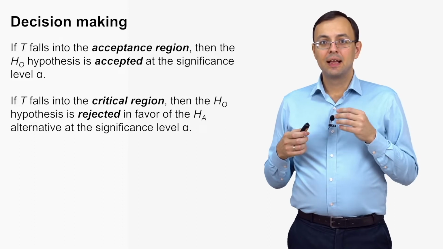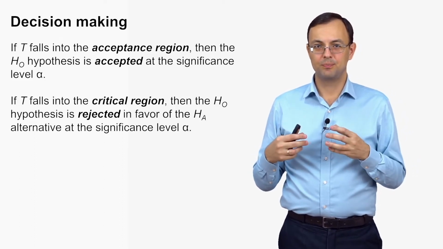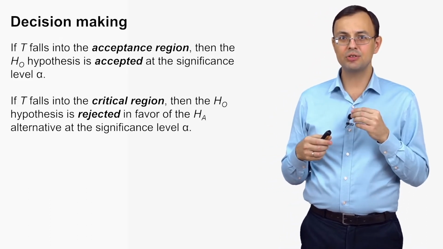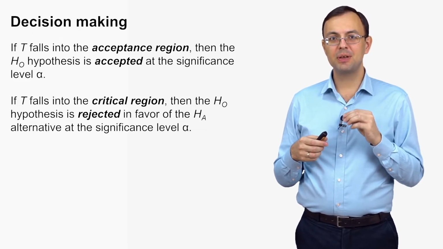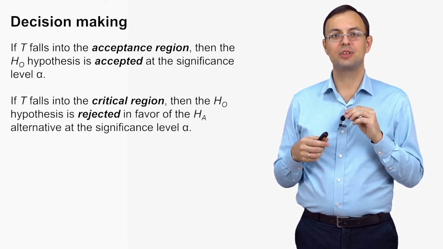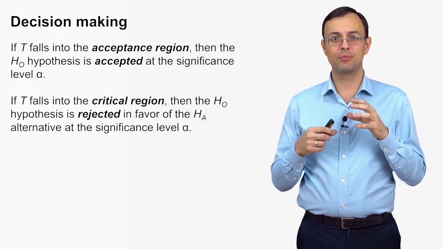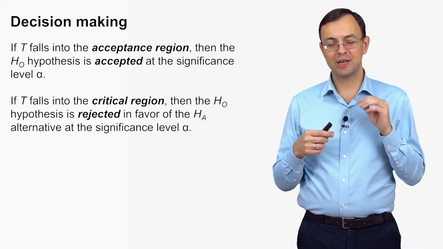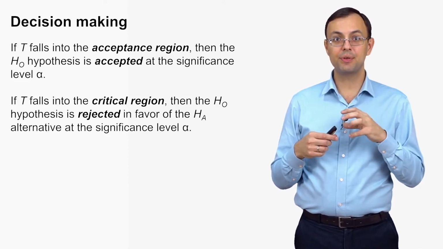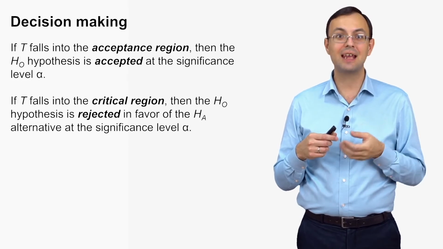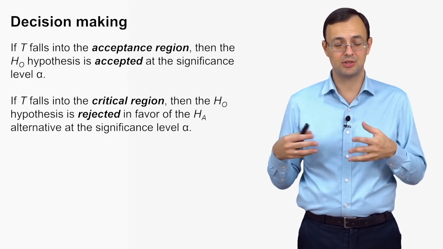From a logical point of view, it's better to say not that we are accepting the null hypothesis, but that we fail to reject the null hypothesis. This type of giving an answer is more accurate. So either we reject the null hypothesis, or we fail to reject it and accept it because we have just failed to reject it.